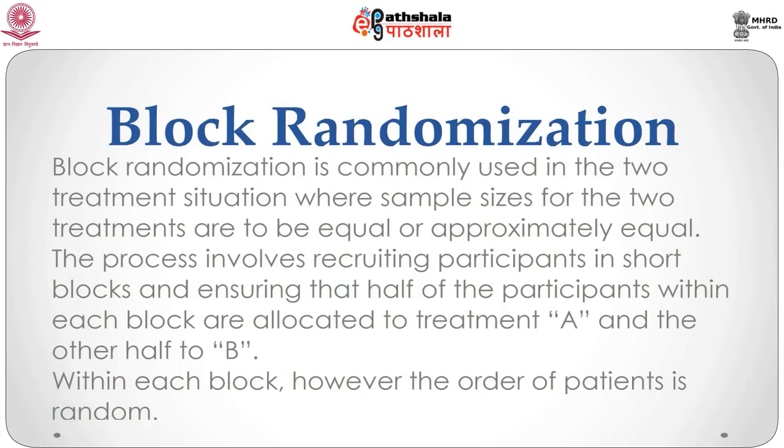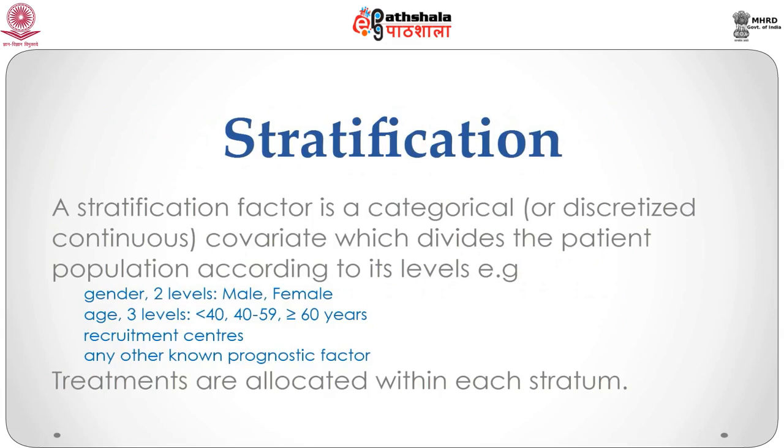Another alternative means of random allocation is the case where we have stratification. So, a stratification factor is a categorical covariate which divides the patient population according to its levels.